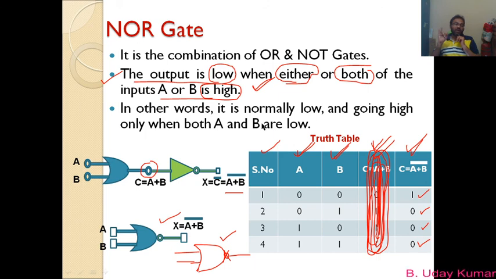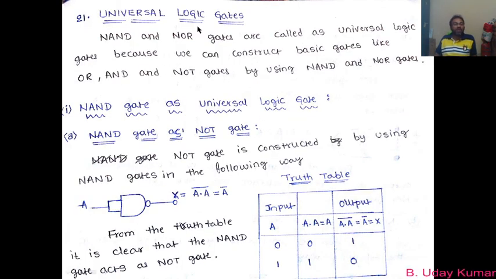If you combine OR and NOT, you get NOR gate, and if you combine AND and NOT, you get NAND gate. Now these NAND and NOR gates are called universal logic gates. This is a very important question for your board examination. What is this? This is universal logic gates. So NAND and NOR gates are called universal logic gates.